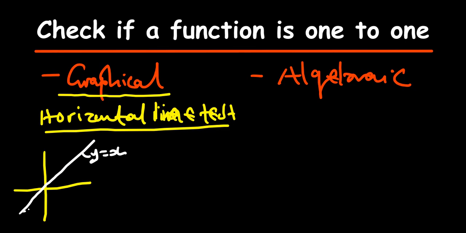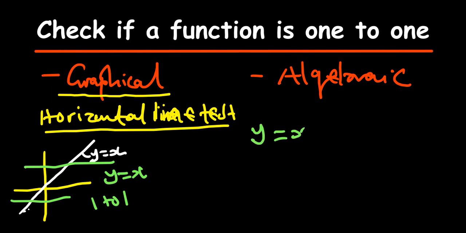With the horizontal line test, I can draw any horizontal line here. We see that this horizontal line is cutting this curve at only what? 1 point, like that. So it means y equals x is a one to one function. What if I draw the one for the quadratic?